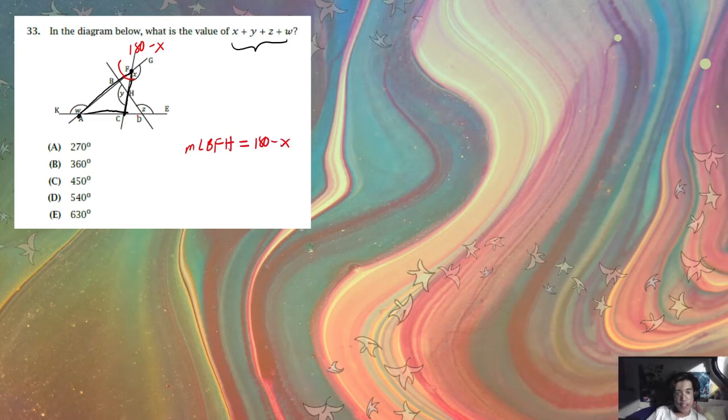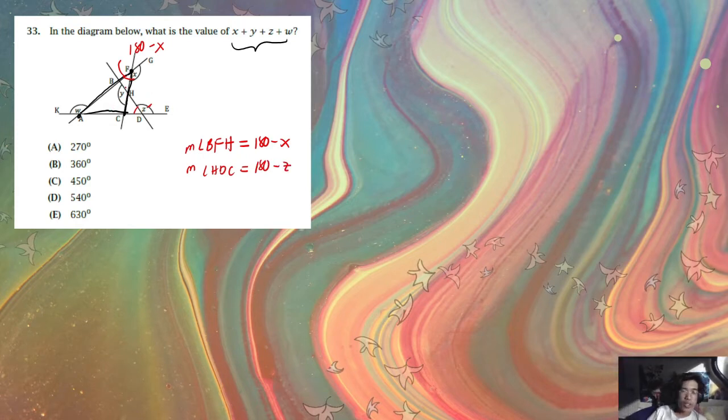We also have another angle, HDC, which has an adjacent angle z, so it's going to measure 180 minus z.